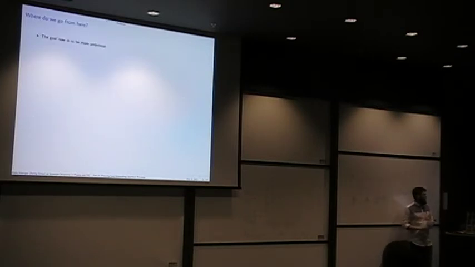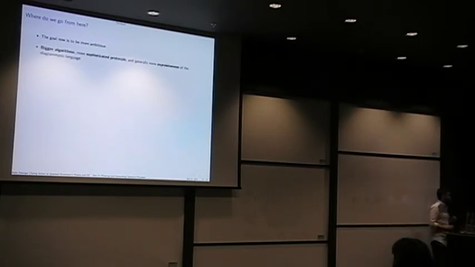So the question then is where to go. The goal is to be a bit more ambitious. The most naive way is to think bigger: bigger algorithms, more sophisticated protocols, but also to do things in more sophisticated ways, to get more expressiveness in the diagrammatic language.